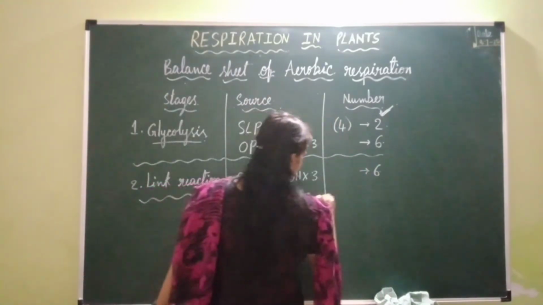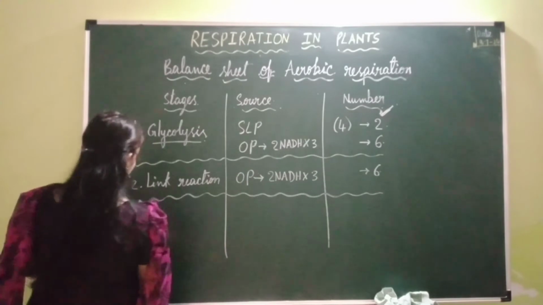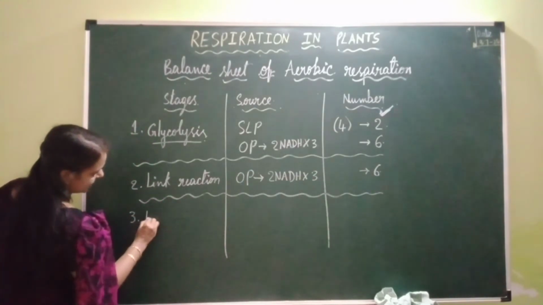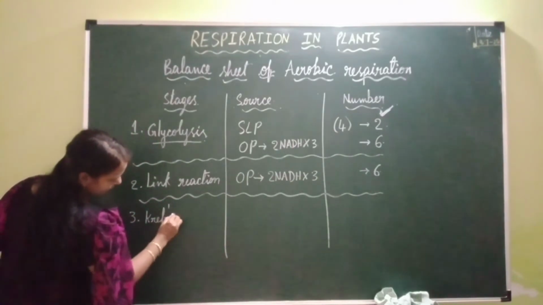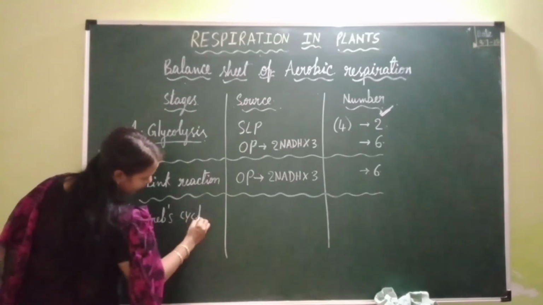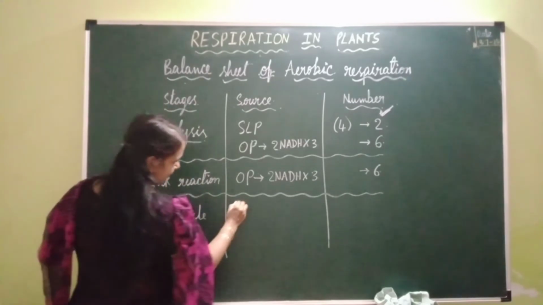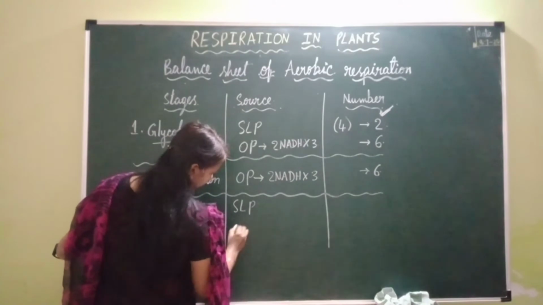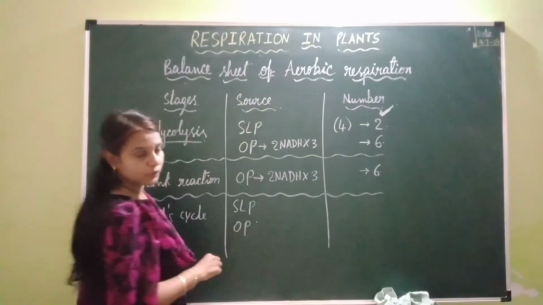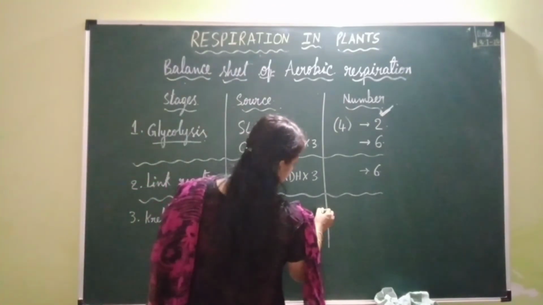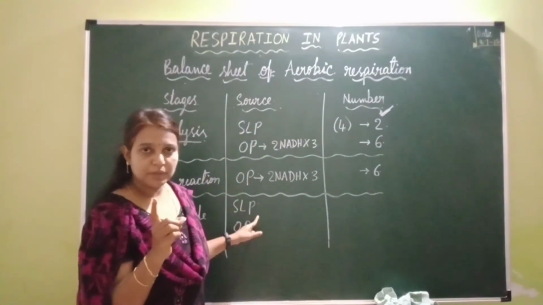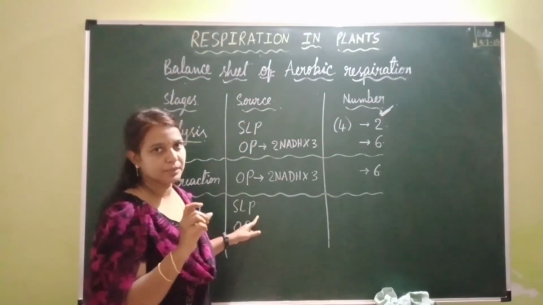Next, coming to Krebs cycle, the third step of aerobic respiration. So during Krebs cycle, ATP can be formed through SLP and even through OP. Through SLP, how many ATPs will be formed? Actually, 1 ATP will be formed per 1 cycle of Krebs cycle.